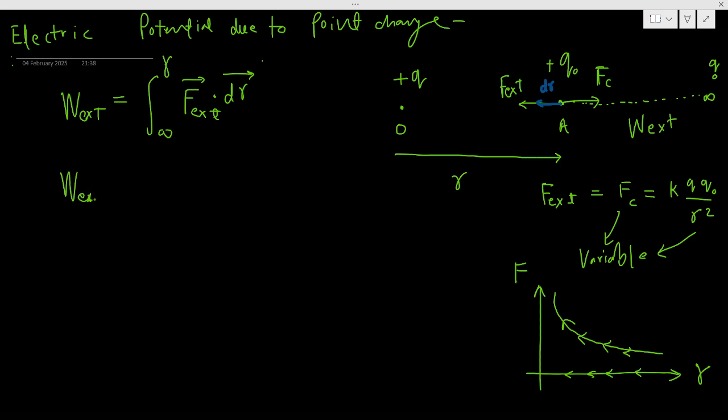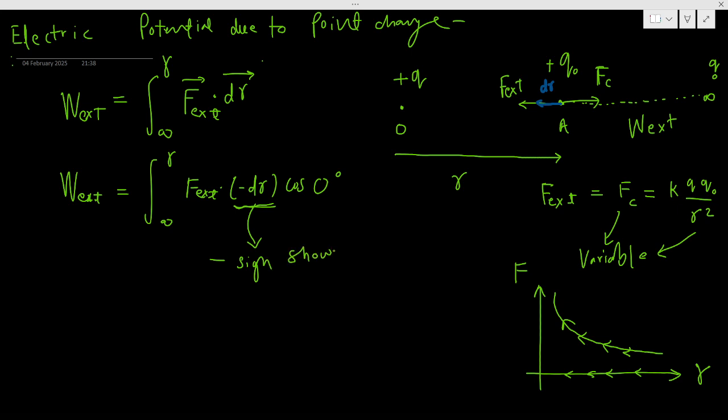Work done by external force equals the integral from infinity to r of F external dr cos 0 degrees. Another very important thing I missed: we can't put dr, we have to put minus dr, cos 0 degrees. This is a very important point to remember, because here r is decreasing, so we are putting minus dr.